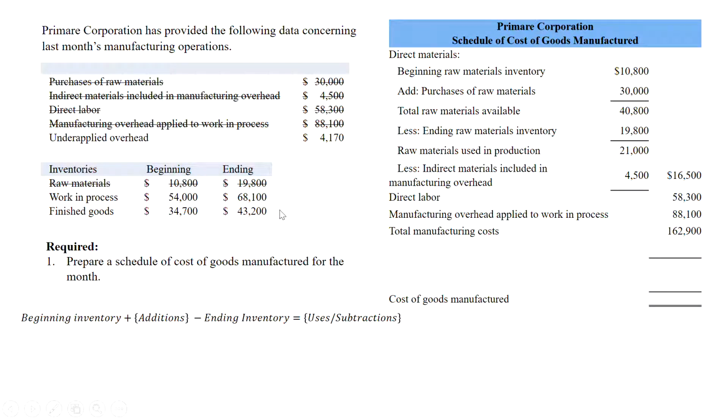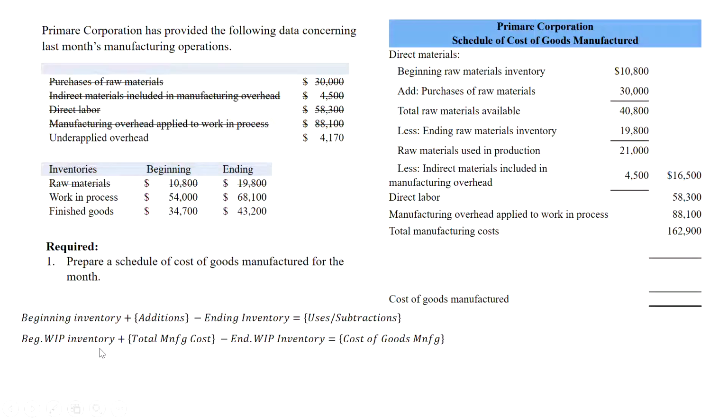Now, I've considered raw material. Now I need to move on and think about the second item of inventory, which is work in process. So those goods that I worked on but are incomplete. Again, take my generic formula of beginning plus additions minus ending equal uses and subtractions, and I'm going to go ahead and accommodate that and make it useful for work in process.